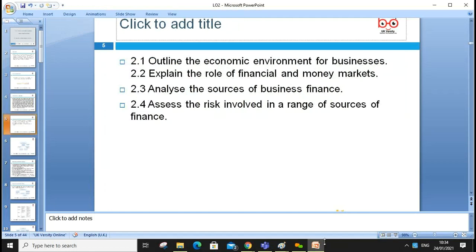We have four assessment criteria: 2.1, 2.2, and so on. The first is the economic environment.